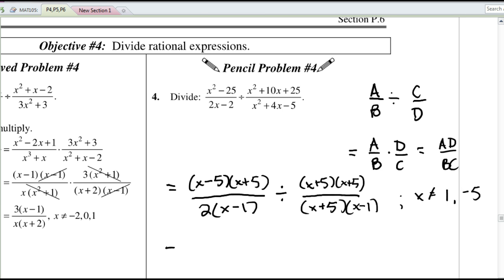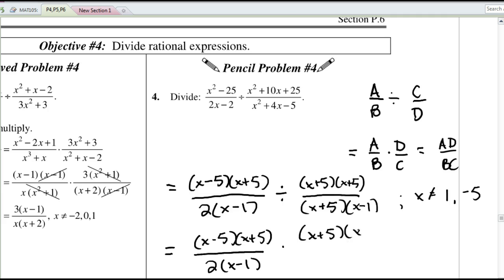And then we copy the first one, x minus 5, x plus 5, over 2 times x minus 1, and then flip the second one, x plus 5, x minus 1, over x plus 5, x plus 5. And again, still we have x not equal. I'm going to write negative 5 first just because it's smaller now, increasing order.